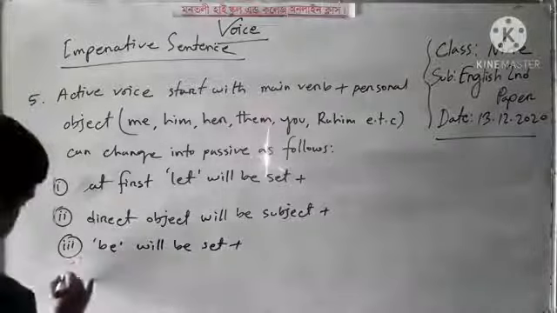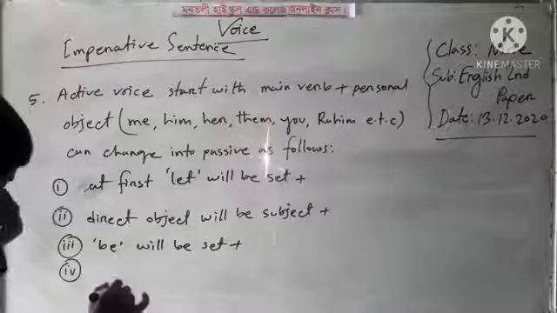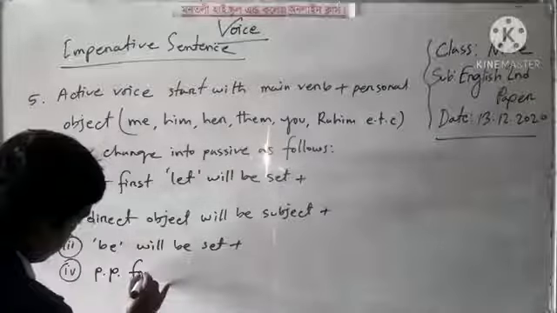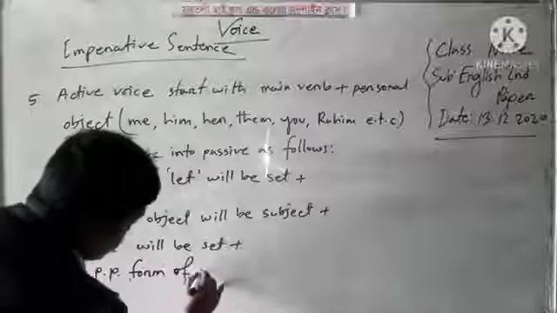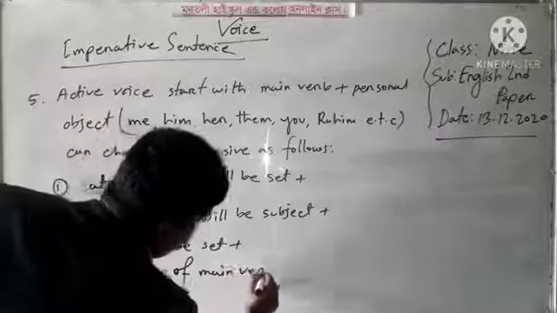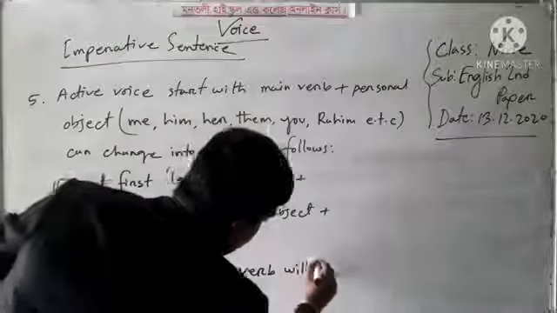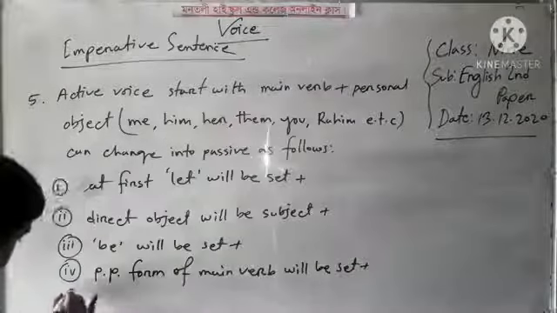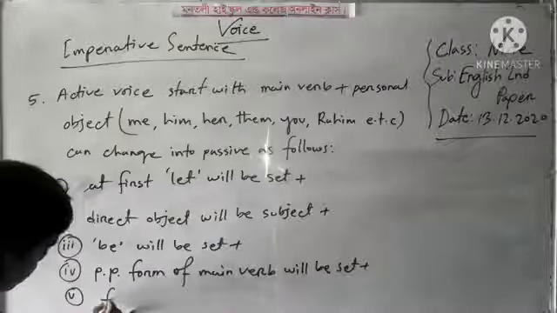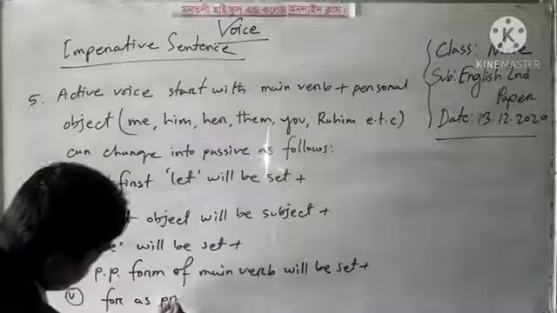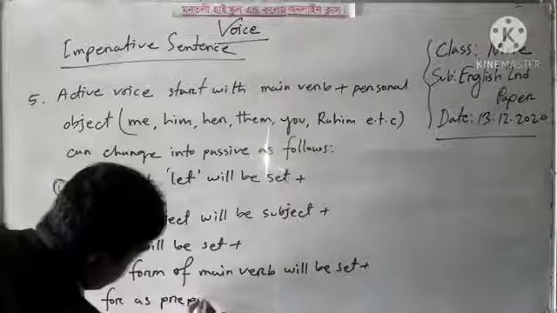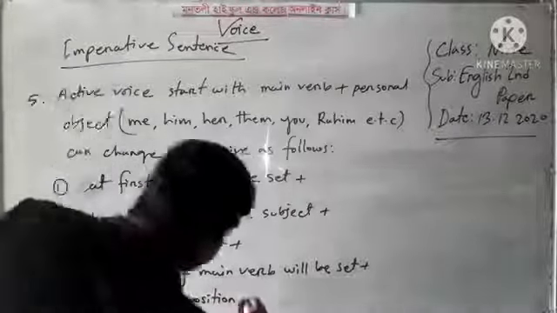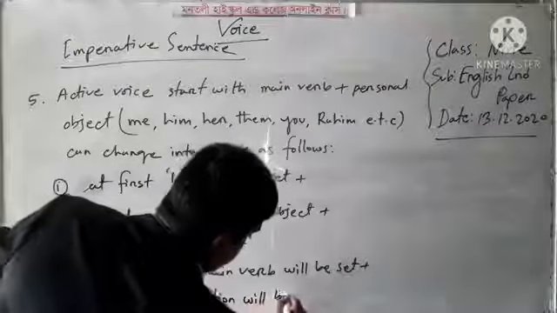Then number 4, the past participle form of the main verb will be set, then for as a preposition will be set.